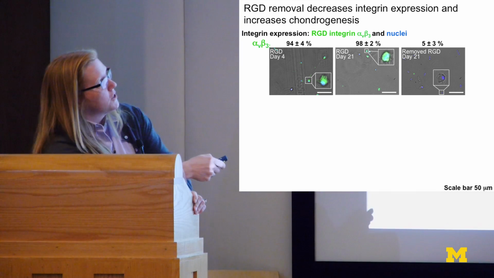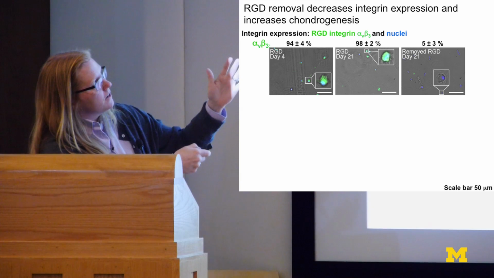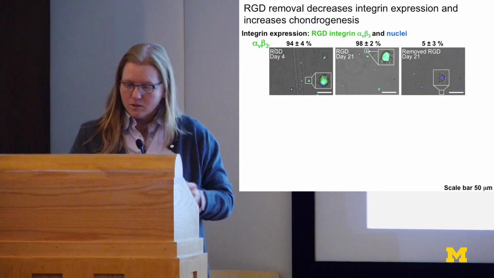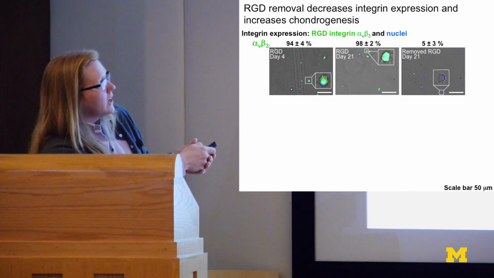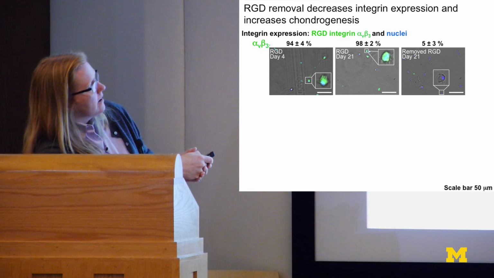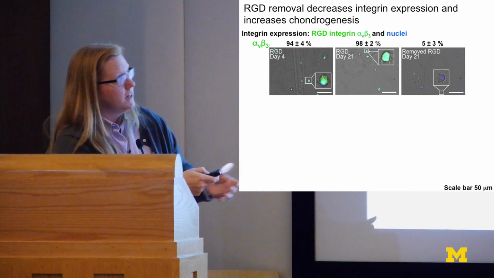And we can look at this more directly because one of the cell surface ligands, the integrins that binds to RGD, is alpha V beta 3. And we have a stain, so we can look at that. And when we look at that, early on, at day 4, almost all the cells are positive for that integrin. They're interacting with our RGD.